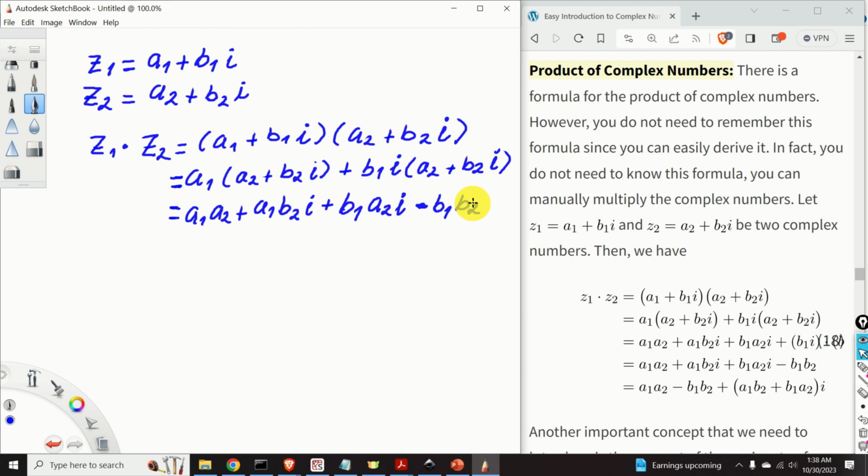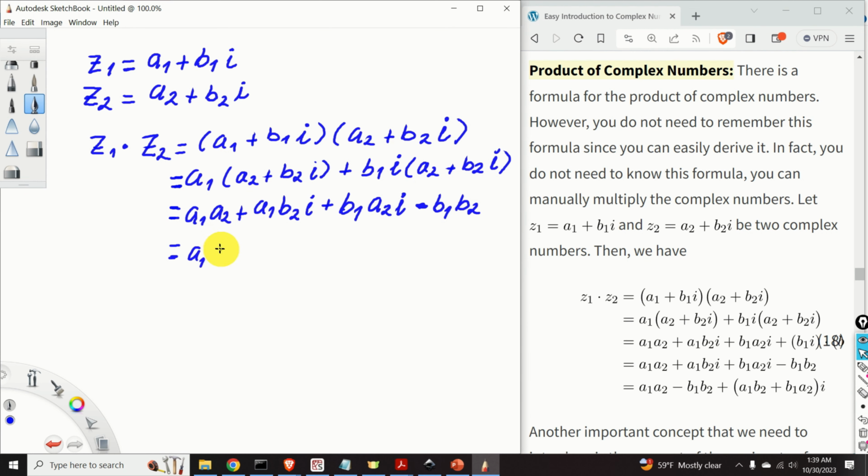So what did we obtain over here? To see the result, we need to group the corresponding terms. We need to group the real parts and we need to group the imaginary parts. Let's start with real parts.